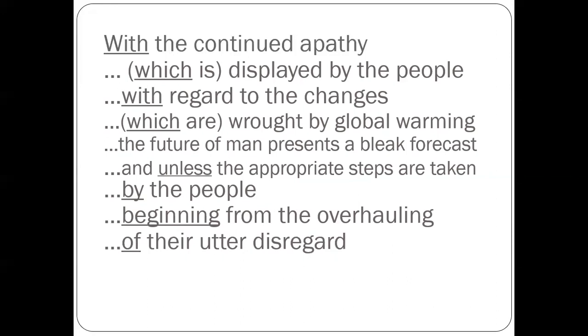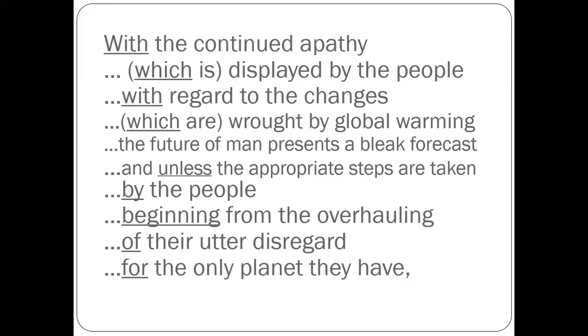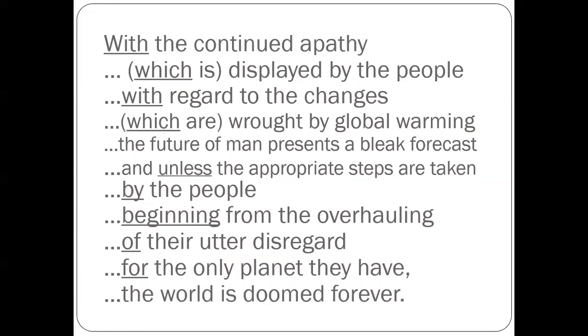Of their utter disregard, so of is a preposition. For the only planet they have, for is also a preposition. Is it a preposition? The world is doomed forever. So that again, at the end of it all, is your base clause, main clause, ordinate clause, independent clause there.